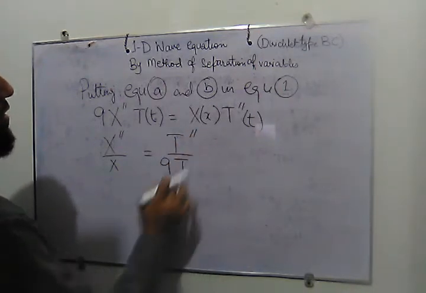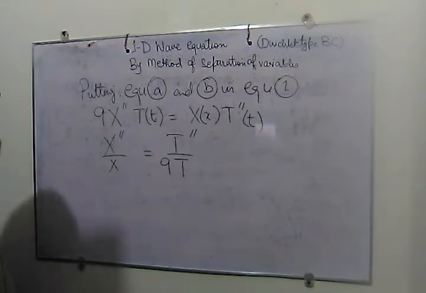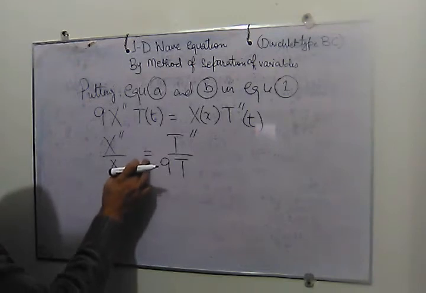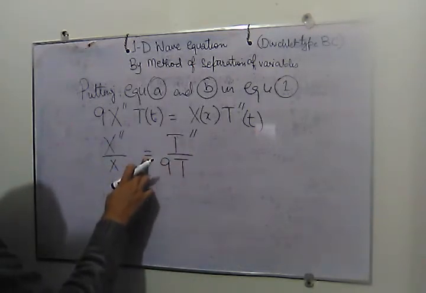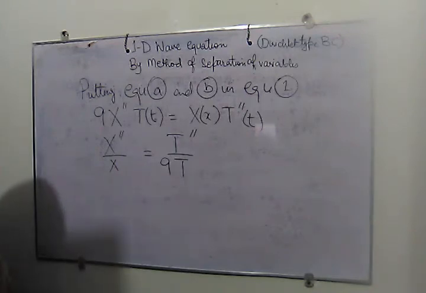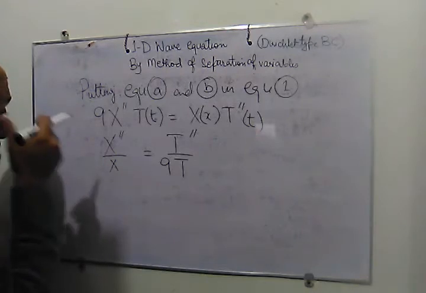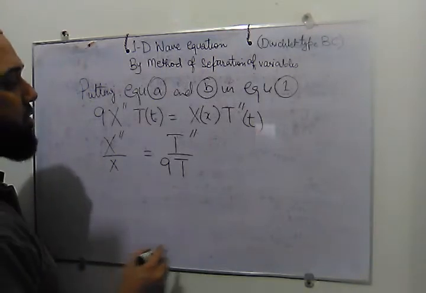Here again we have a problem: x and t are independent of each other, but we see the ratios of them are equal. So we say that two independent ratios are equal to each other if and only if they are equal to some constant.